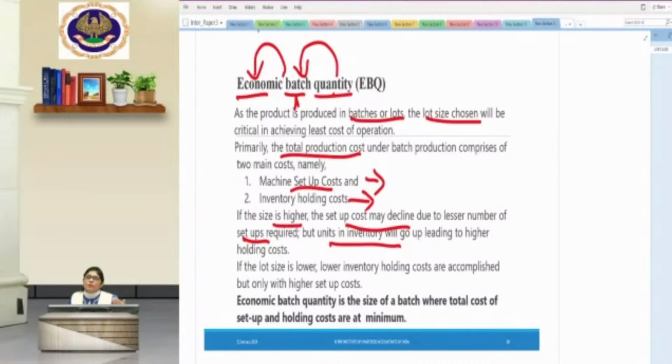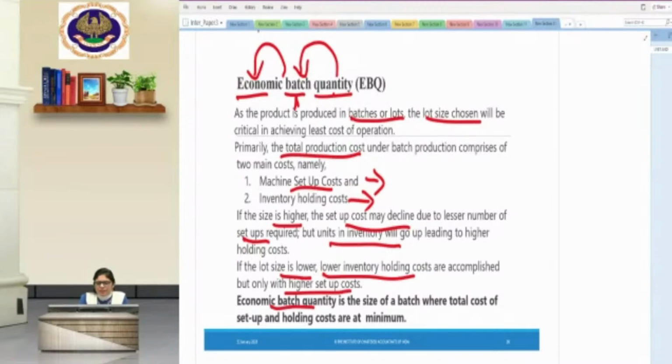The higher the units in one batch, the lower the machine setup cost, but the higher the inventory holding cost. With fewer units in a batch, setup cost will be high, but inventory holding cost will be less. If the lot size is lower, there will be less stock in inventory, with higher setup cost.